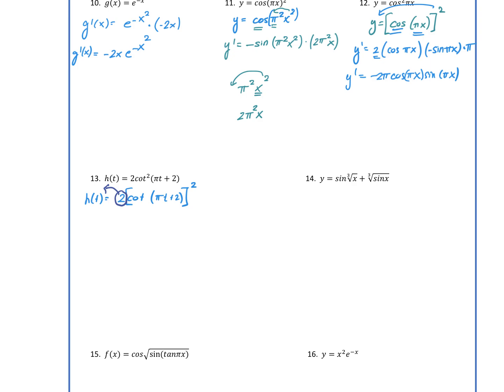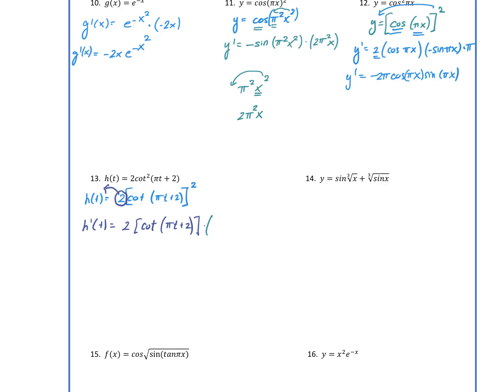It's not going to make a difference, but I'm going to leave it off. H prime of t, bring down the 2. So I'm going to assume this is not here right now. Bring down the 2, rewrite it, times derivative of the inside.